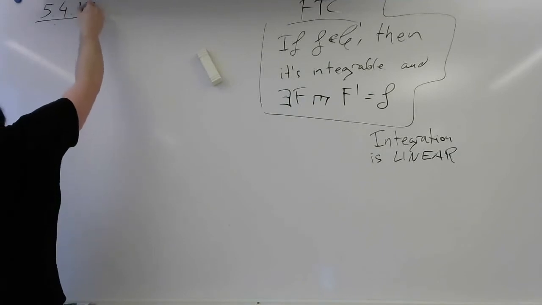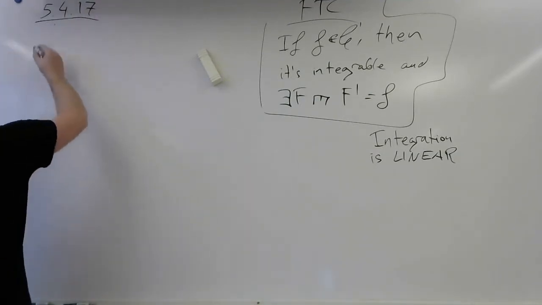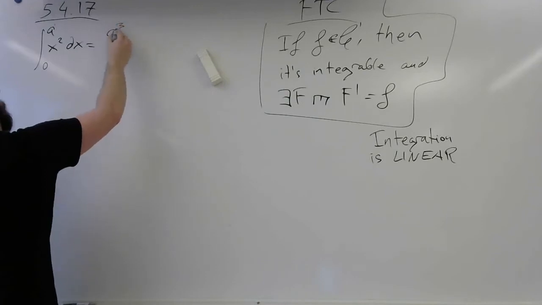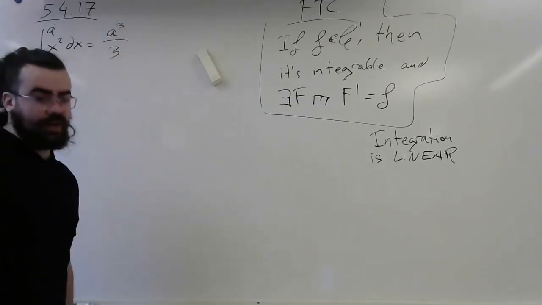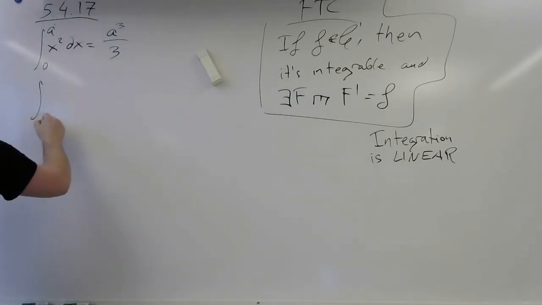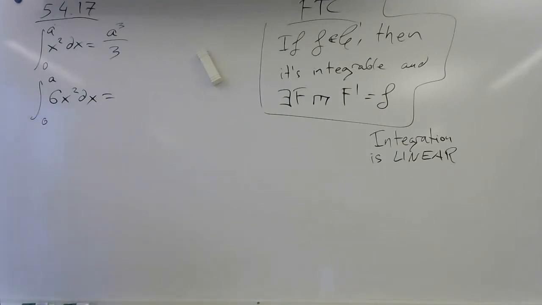Now, for more fundamental properties of the integral, we know this. Which should come as no mystery whatsoever to all of you. And we can use that to calculate things like this. Integration is what?